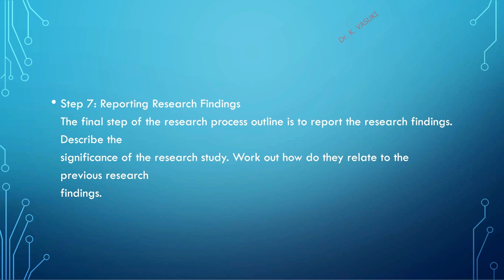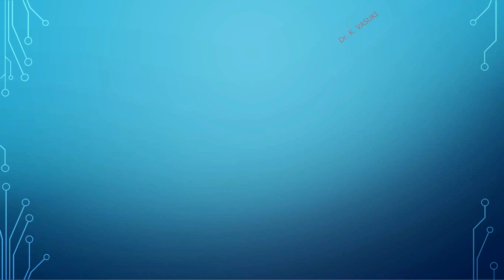So it is the significant part of a research study. So we have to very carefully present our research report. So these are the steps we have to follow in research. We conduct research for getting in-depth knowledge about already available knowledge, or to verify whether old facts are correct or not, or applicable or not.